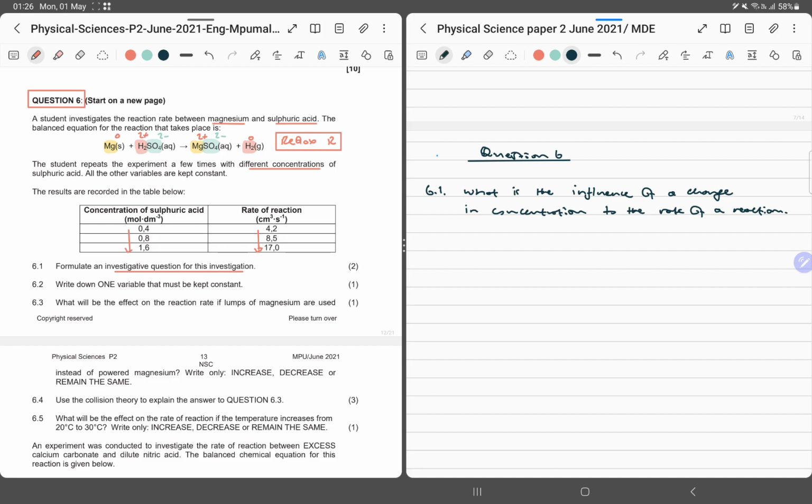Easy stuff, because what will be changing? The concentration of the sulfuric acid to the particular given reaction. So keep it simple, keep it concise.